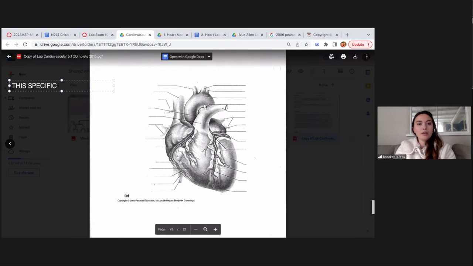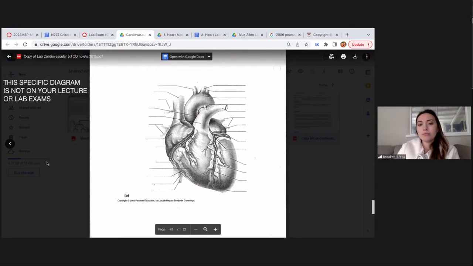This specific diagram is not on your lecture or lab exams. So I want to be clear, there are some terms on here that you need to know for the lecture and lab exams. However, you can find them on the heart model.